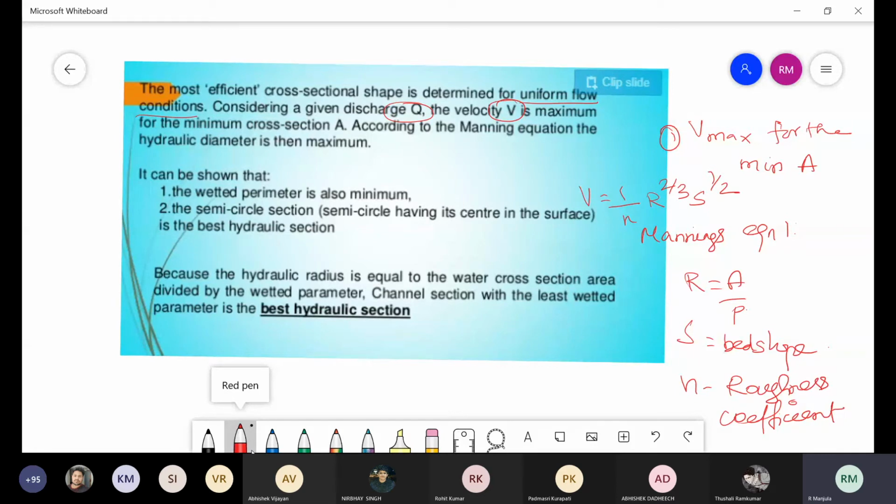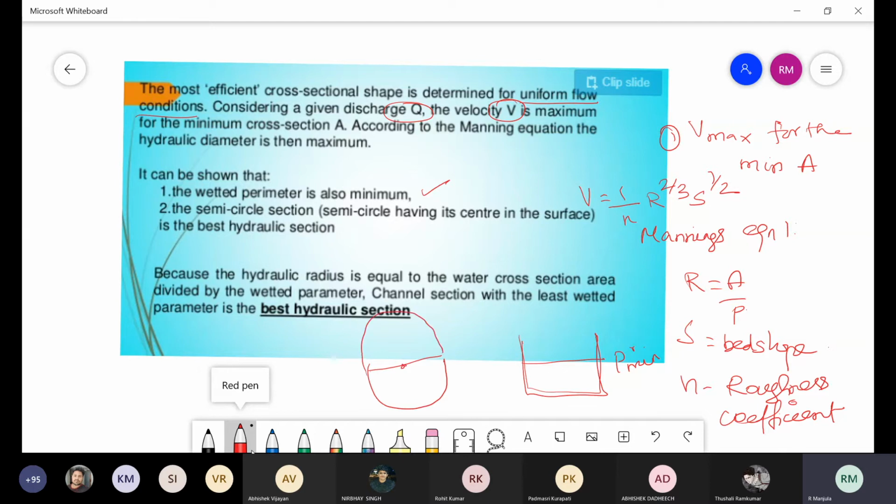Here, one thing is you need to maintain the wetted perimeter at a minimum. Suppose we take a rectangular cross section. Keep the minimum wetted perimeter so that you can reduce the cost of construction. That is one thing. The second one is the semicircle section, having its center on the surface.